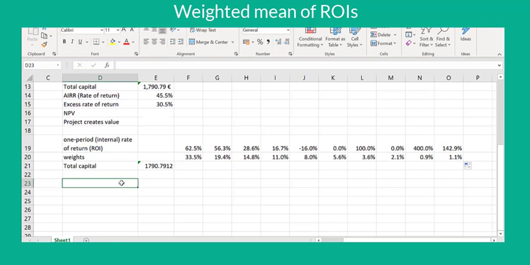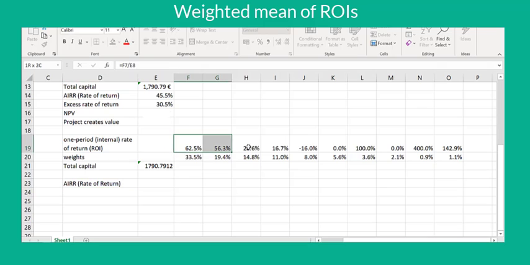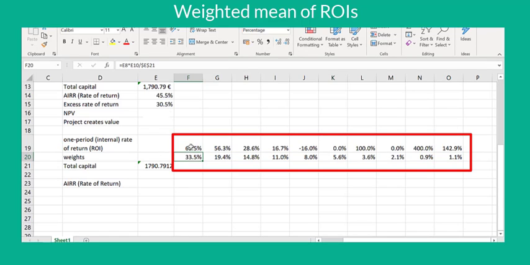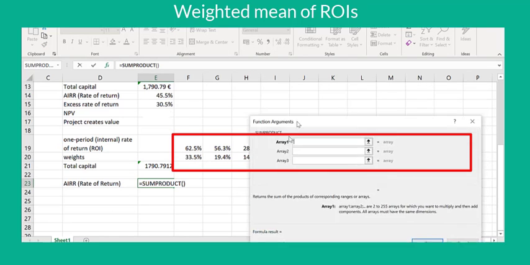Now we can compute the rate of return, which is the weighted mean of the ROIs. We just have to compute the product of the ROIs and their weights, and then sum the result. And we can use the sum product function.